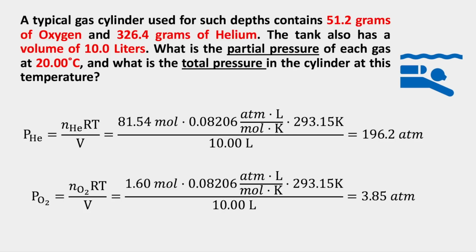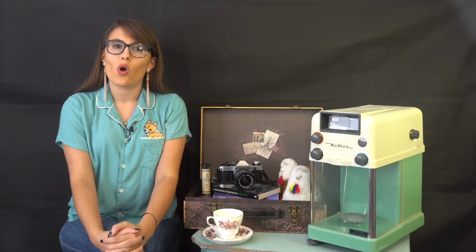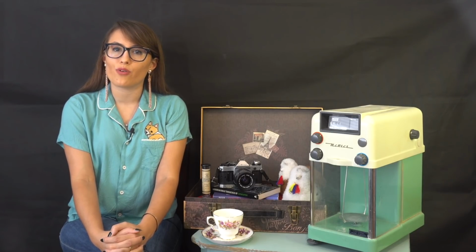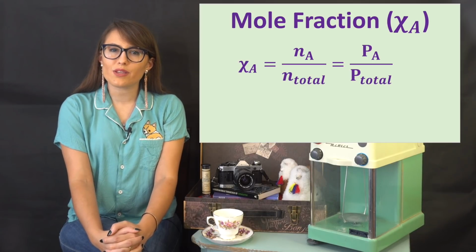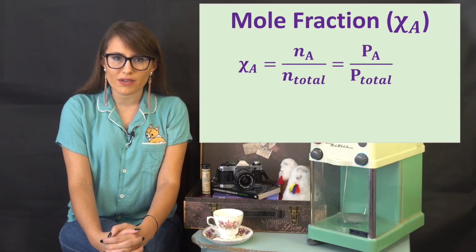The next part of the problem asks us to determine the total pressure of the system, which is Dalton's law of partial pressures, and we just simply add them together and we end up calculating a total pressure of 200.1 atmospheres. Another way we can describe the composition of a gas mixture is using percentages, or more commonly referred to as a mole fraction, which is denoted by the Greek letter chi. This is simply the ratio of gas A in a gas mixture.